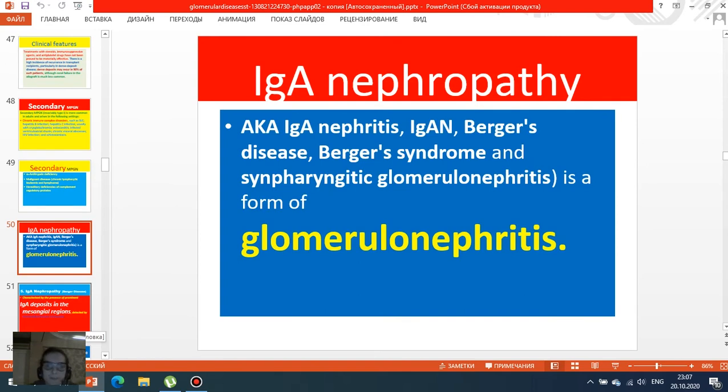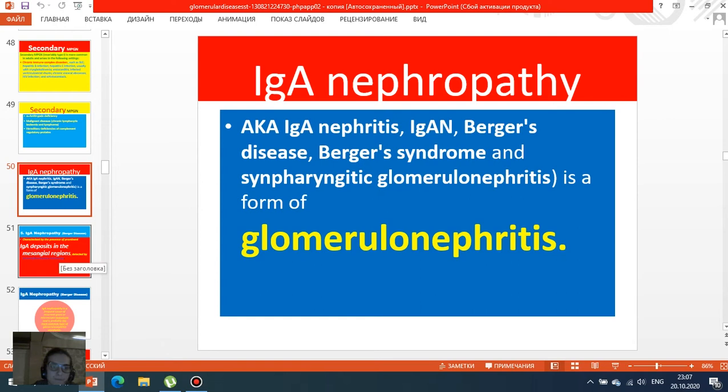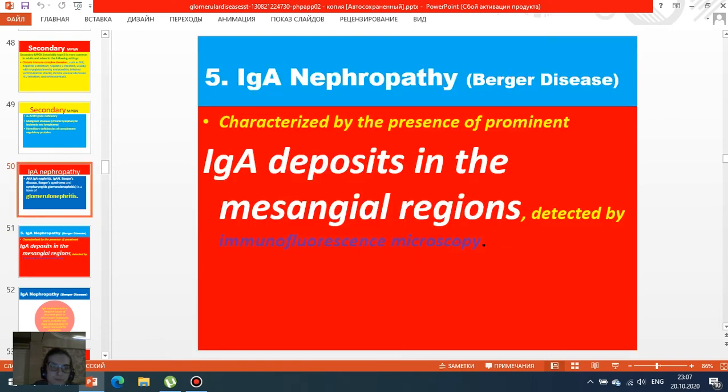IgA nephropathy, also called IgA nephritis, Berger's disease, Berger syndrome, and synpharyngitic glomerulonephritis, is a form of glomerulonephritis characterized by the presence of prominent IgA deposits in the mesangial regions, detected by immunofluorescence microscopy.